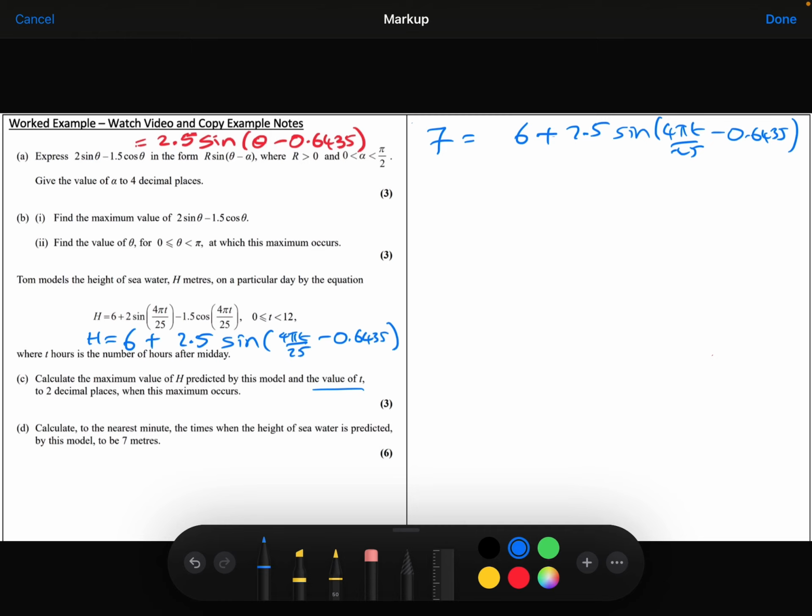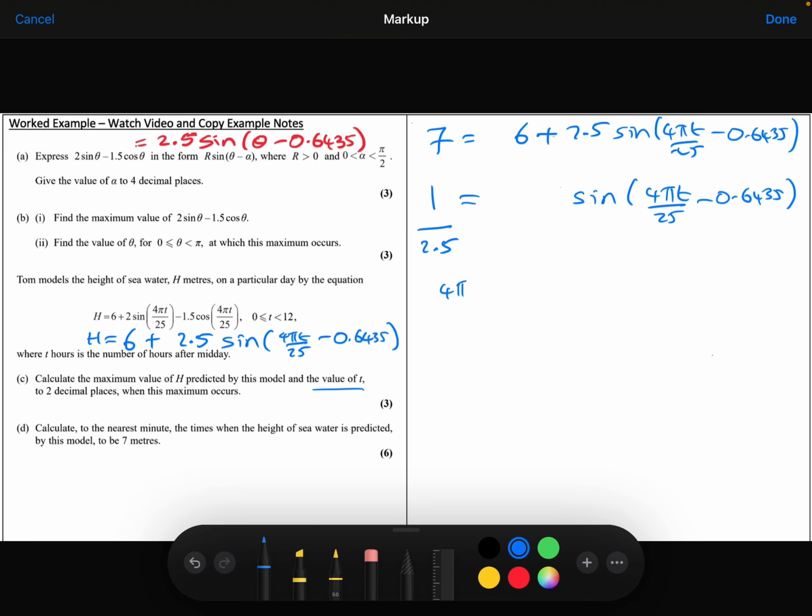First, I'll subtract the 6 from both sides. The 7 take away the 6 is 1. I'm then going to divide both sides by the 2.5. This will now allow me to do sine inverse.